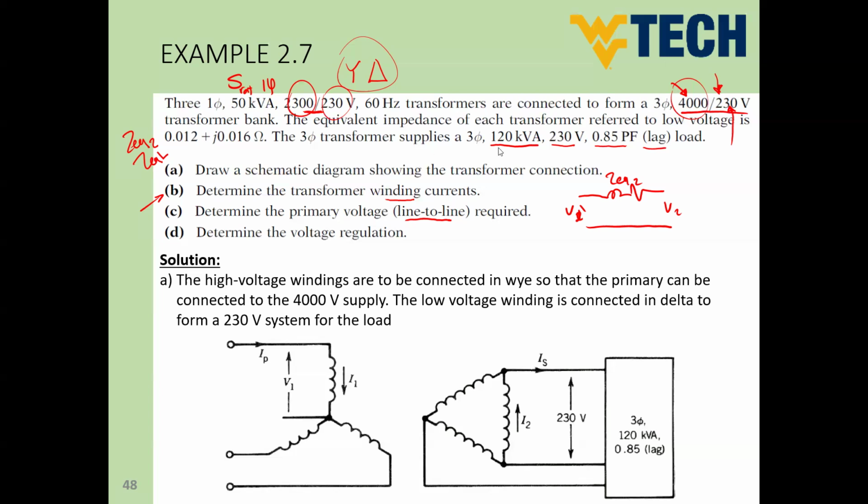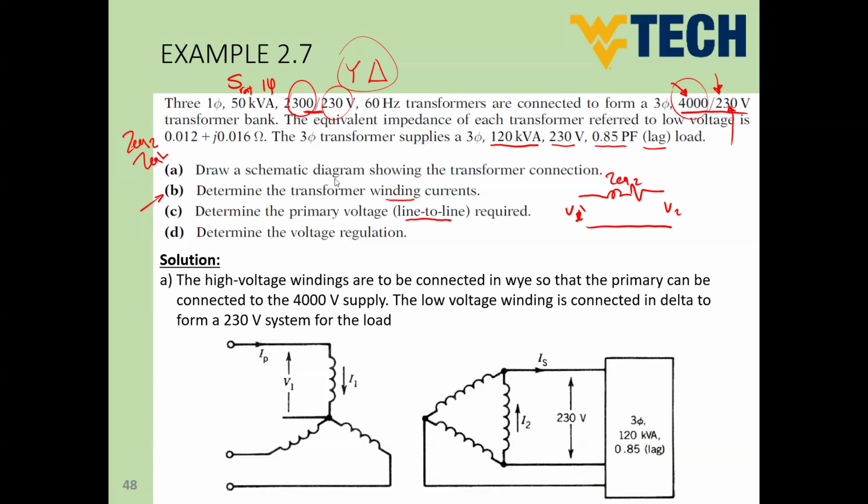However, the load here is not required to be the same as the rated value or the full capacity. The load here is less than that. It's 120 kVA. So this is our apparent power that we are going to use to analyze our transformer.